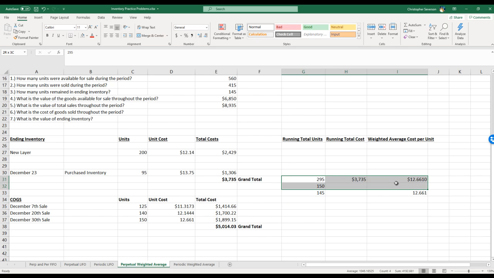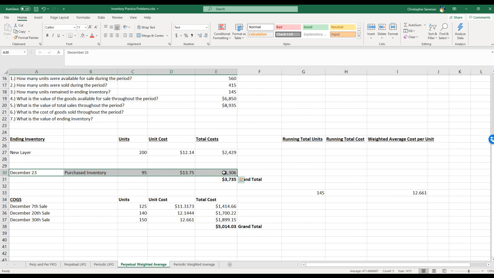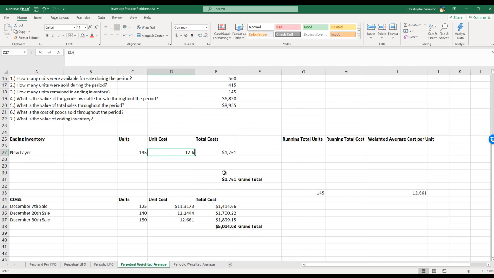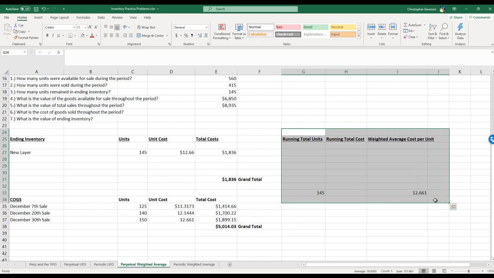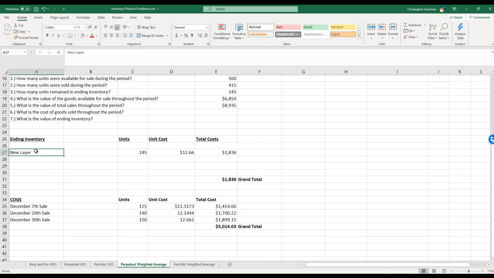at $12.66. So again, we have to destroy this layer. And we can get rid of this whole thing now. This is the ending inventory. 145 units at $12.66 gives us $1,836.